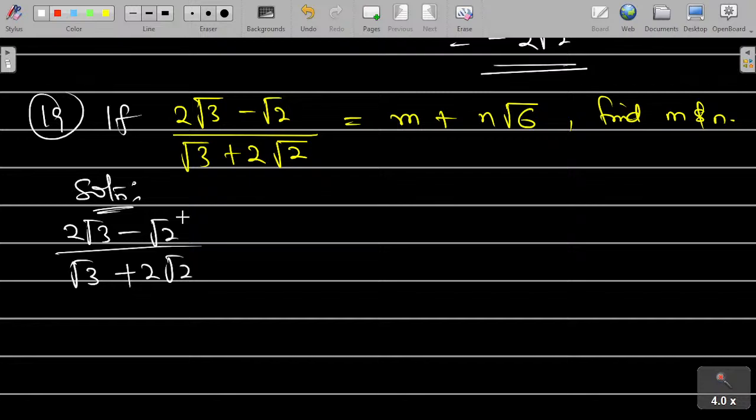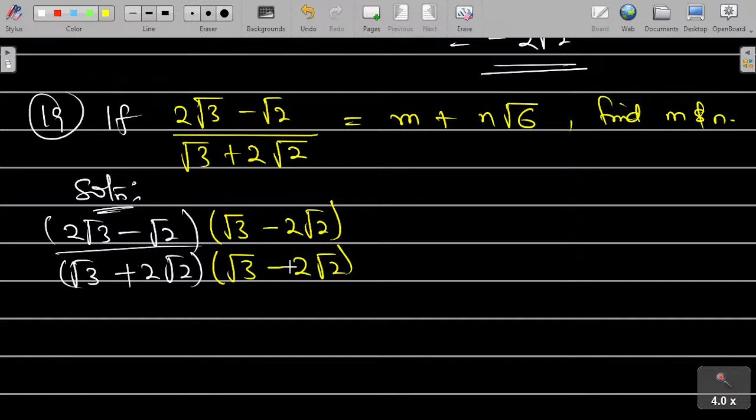Here we are multiplying both numerator and denominator by the conjugate of the denominator, which is root 3 minus 2 root 2. So you are just changing the sign to minus, all over root 3 minus 2 root 2.